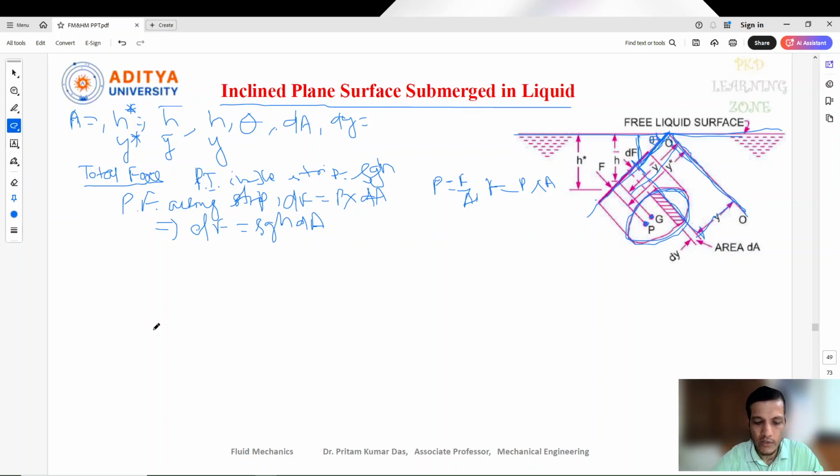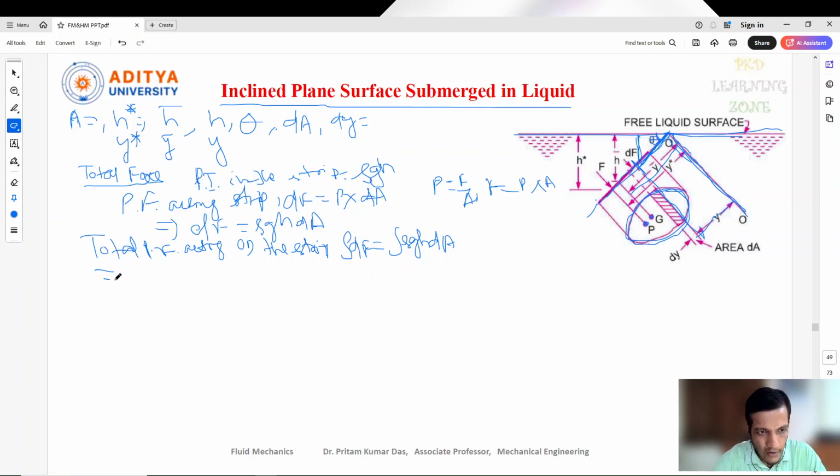Now the total pressure force acting on the strip equals the integration of dF, which is the integration of rho g h dA. Integration of dF equals F, and rho g we take outside, integration of h dA.